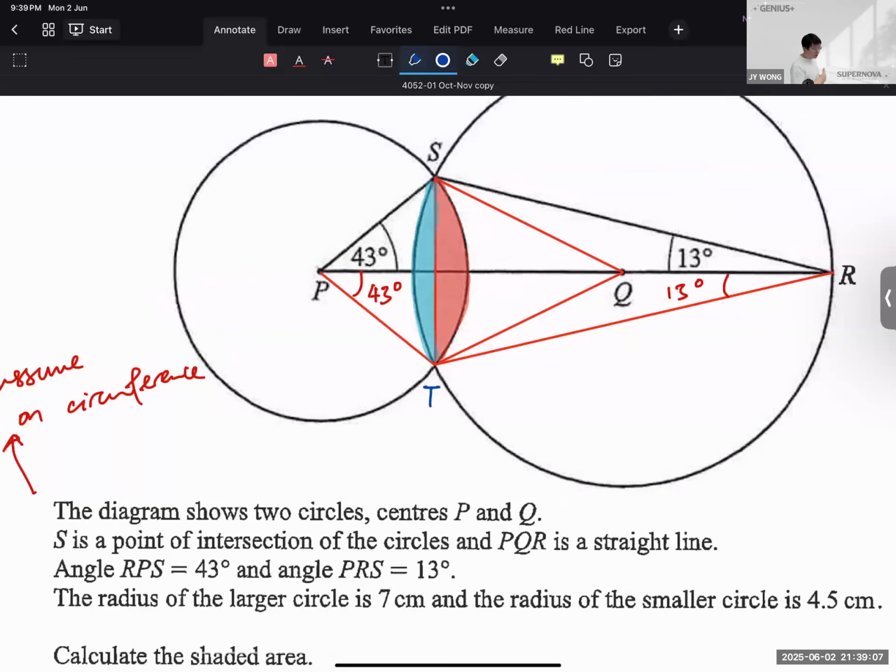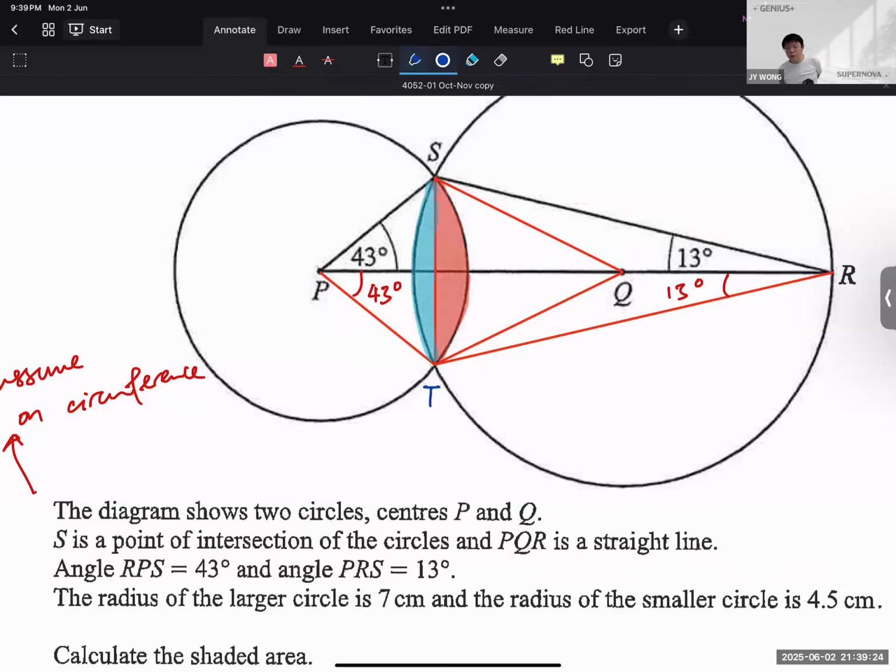So I can find the red color area using what? Area of sector, which is area of quadrant minus area of, area of sector minus area of triangle to get the area of the segment. So I can get the red color segment, no problem, correct?